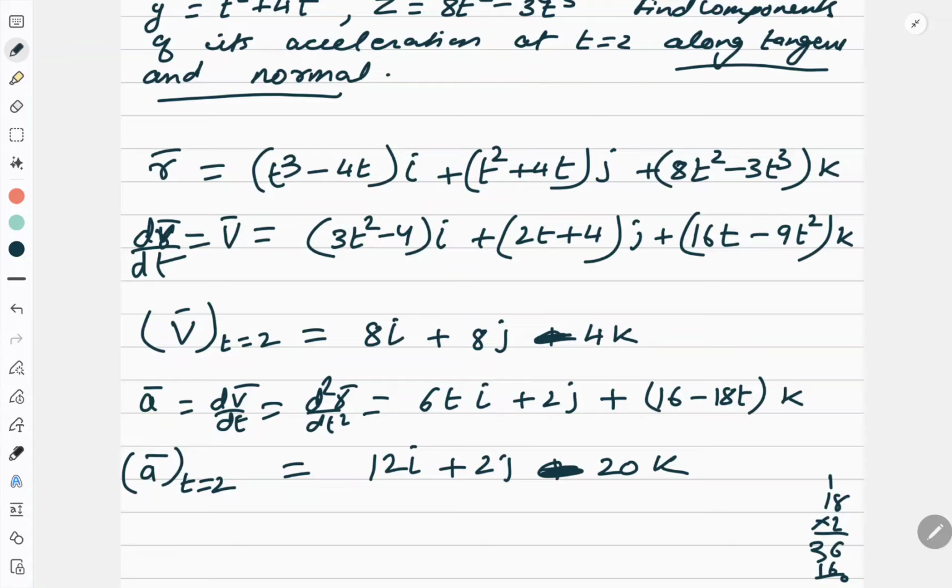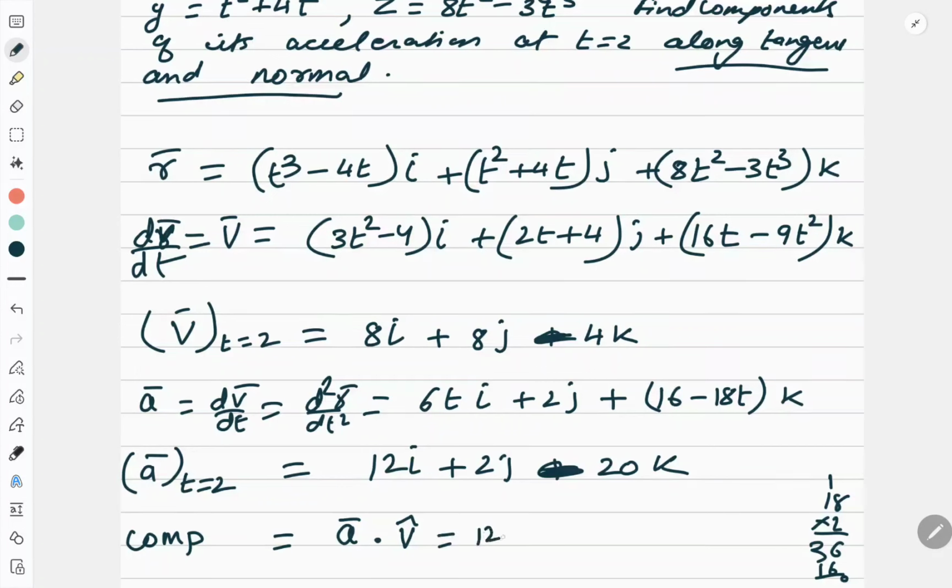Now what exactly do I need to find out? I need the component of acceleration. When I'm saying component of acceleration, first I should write acceleration dot, in which direction? Along the tangent. Along the tangent means along the velocity, so I should have v cap here. Correct?